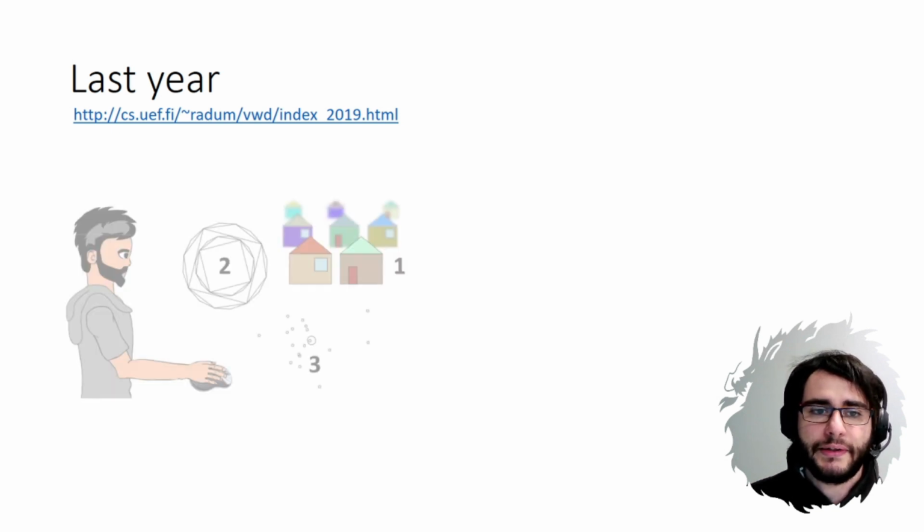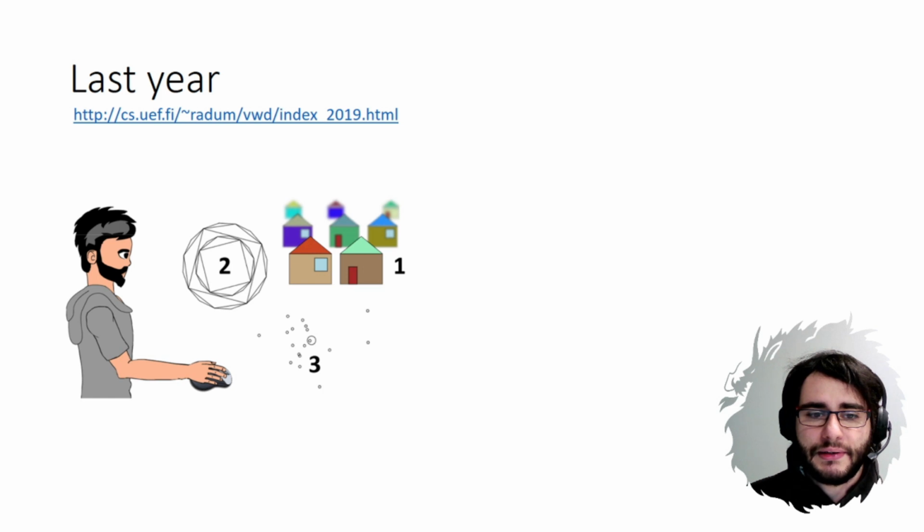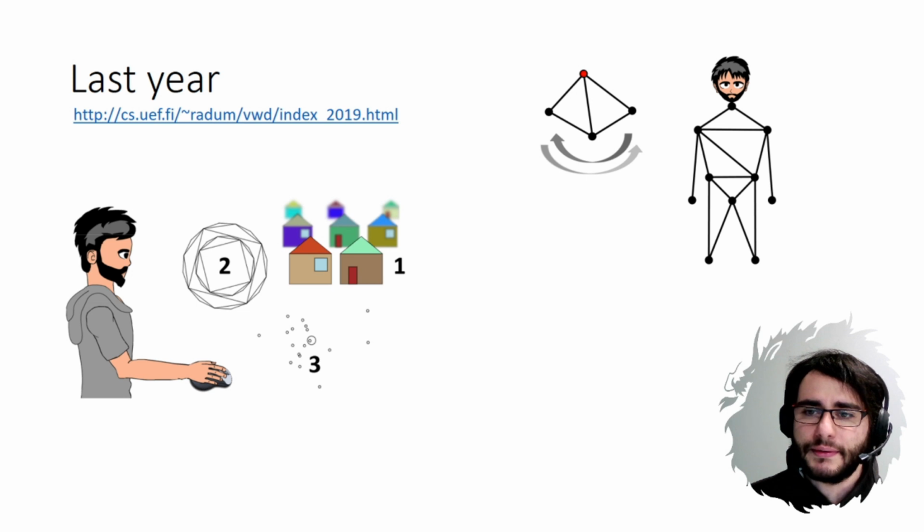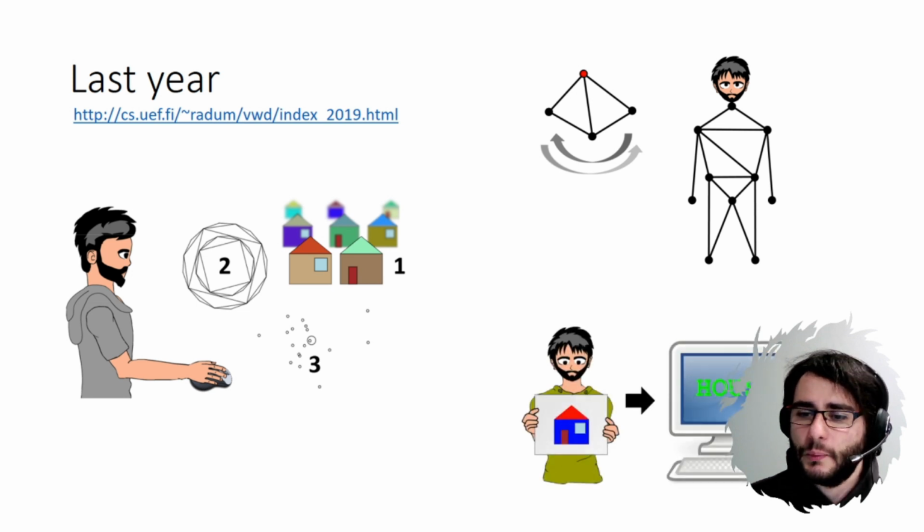Last year we generated these kinds of visual things, polygons, some procedural drawings, some physics simulations. We also did a little bit of image processing and object recognition. And I had two projects last year that I built during the course.